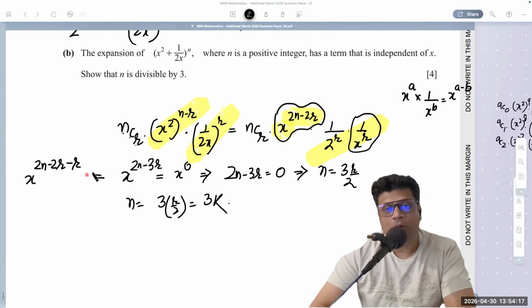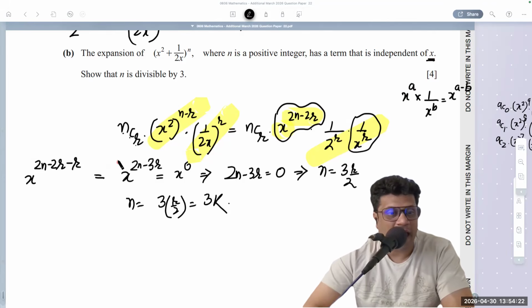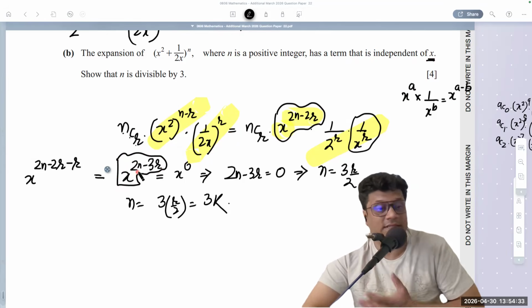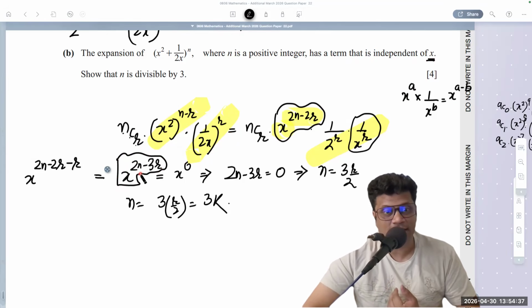Okay. Well, they say that there is a term which is independent of x. So what I have as the power on x here, this term with x to the power of 2n minus 3r, if it needs to be independent of x, 2n minus 3r should be 0.